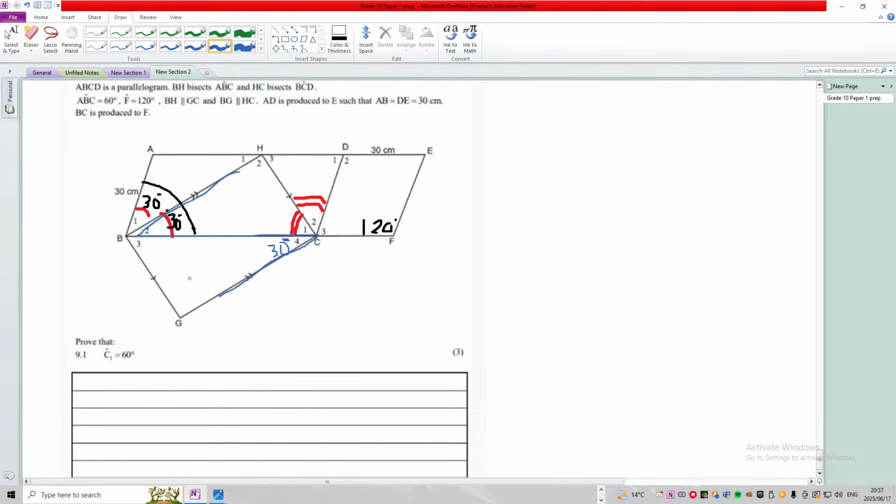Right, what else do we have? ABCD is also a parallelogram, which means the opposite angles are equal, meaning that this here will be 60, right?